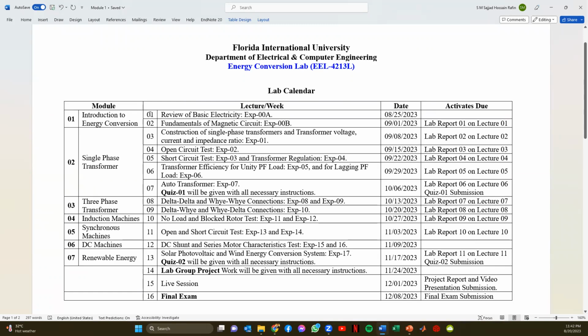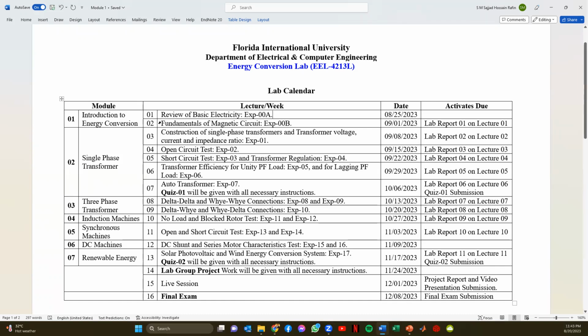Week 1, which is lecture 1, will be on review of basic electricity. Although we're not going to do any experiments here, I have named it experiment 00A. Why 00? Because you will not see any experiments. This is a review class.